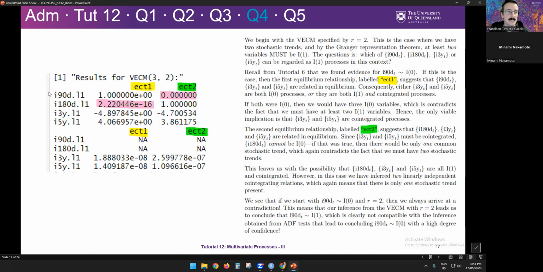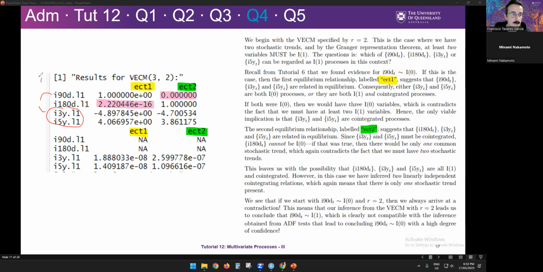Consequently, since we think this one is an I0, either I3 and I5 are both I0 processes, or they are both I1 and they are co-integrated. Because in the end, the combination of these two and this one is an equilibrium.